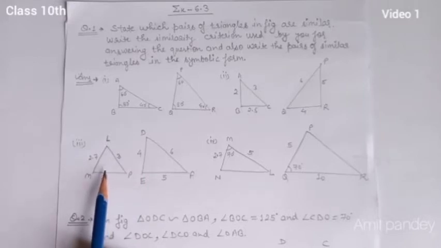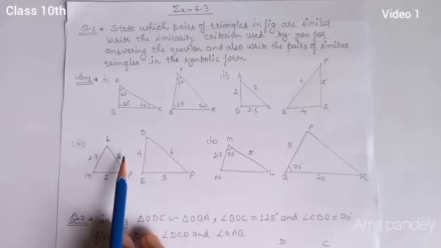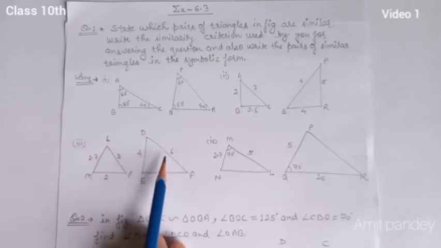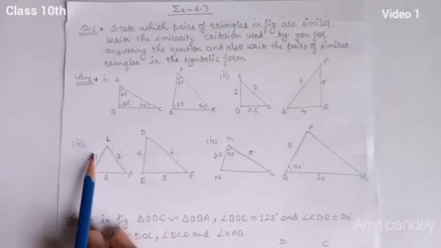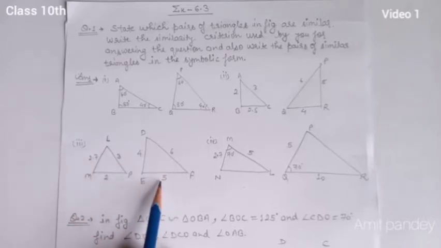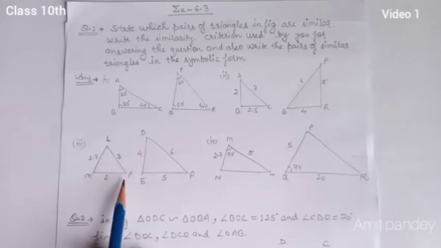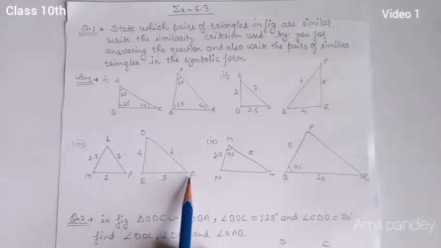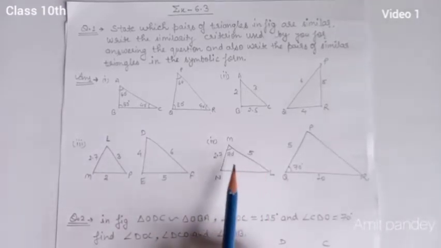But one more thing is there, this 2.7 and 5. Now the ratio of two sides is equal, but the third, 2.7 and 5, the ratio will not come 1/2 as here. So students, these triangles LMP and DEF are not similar. Okay, so let's move to another figure.